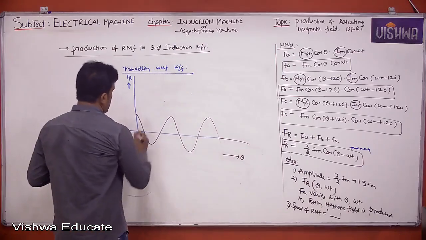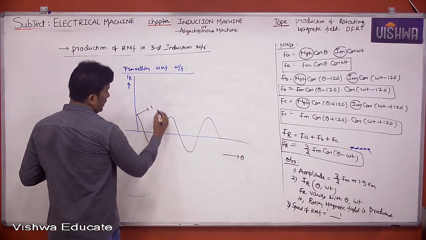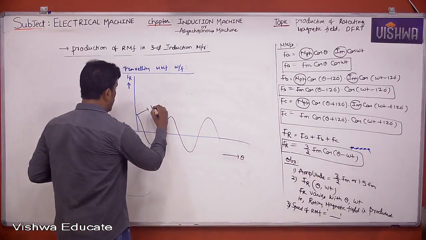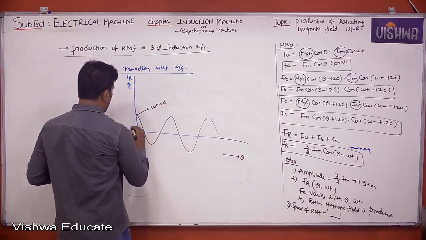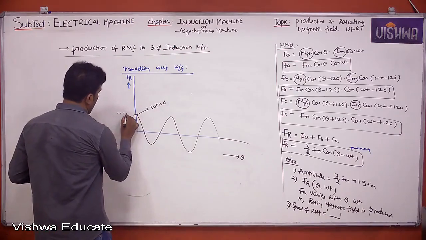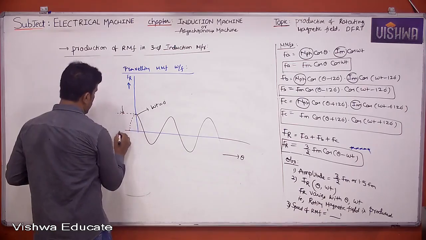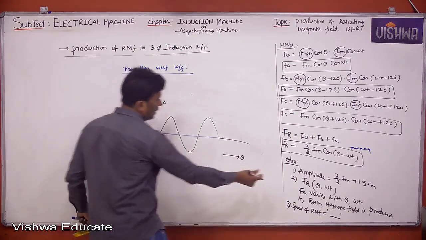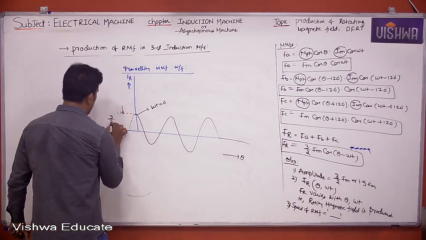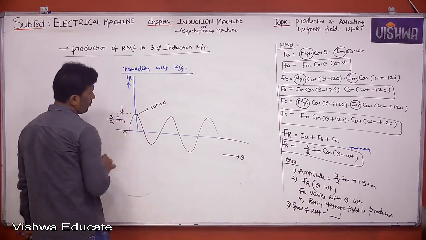Okay, this is the shape. Whenever omega t equals 0 degrees, this is the shape of your FR. Tell me what is the amplitude for this waveform. I have given here 3 by 2 FM.